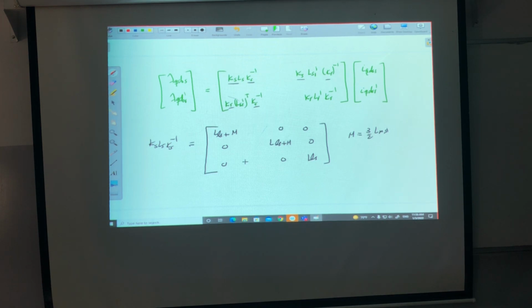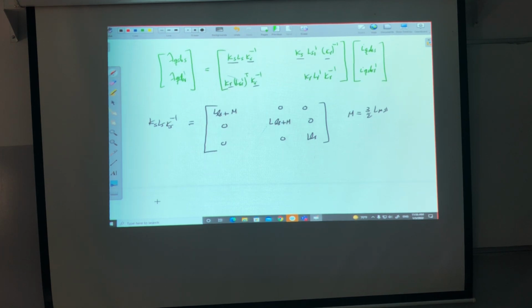Now, what about if I need to find the KR LR dash KR inverse? This will equal to what? The same thing except S goes to where? To R. And dash. Don't forget the dash.